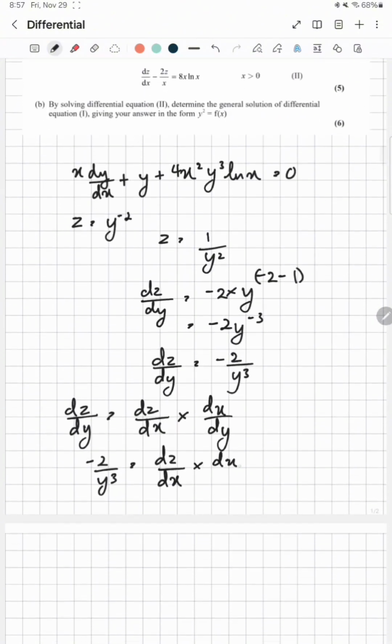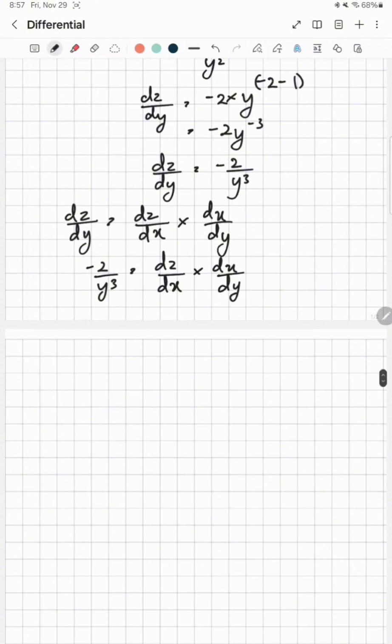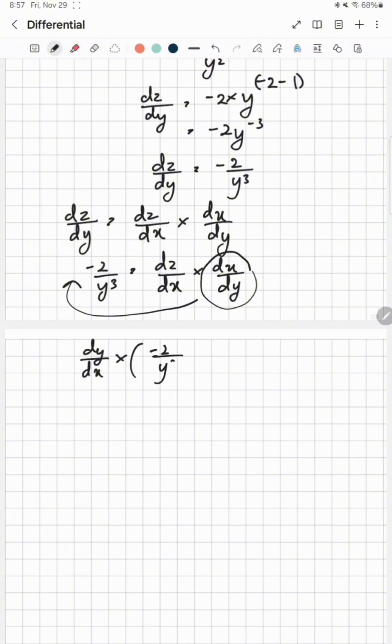into dx over dy. So what we can do here is we can subject dy over dx, right? So I'm going to take dx over dy onto the other side. So when it goes to the other side, it's dy over dx into minus 2 over y to the power 3 equals to dz over dx.